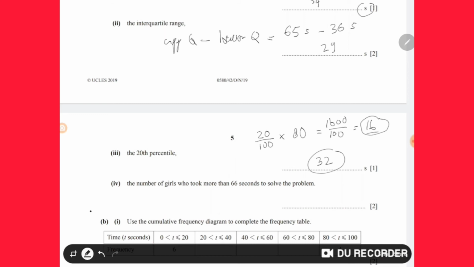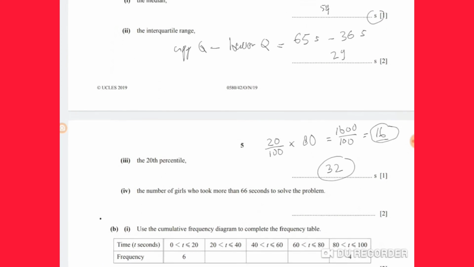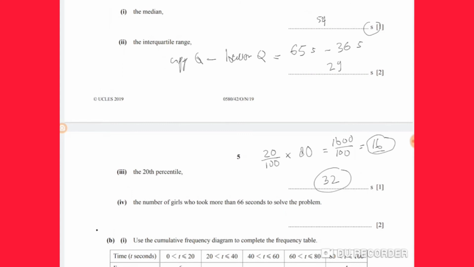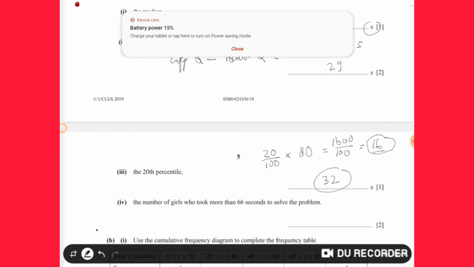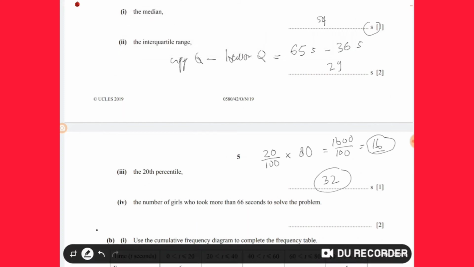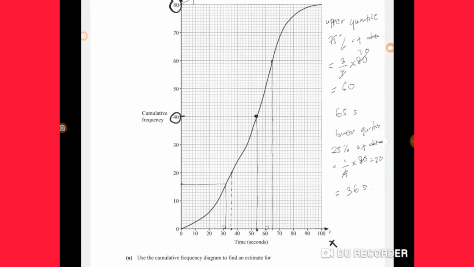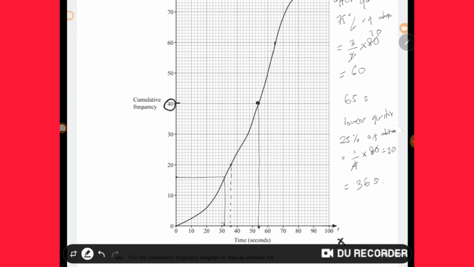And then the last is the number of girls who took more than 66 seconds to solve the problem. So more than 66 seconds. You start from 66, because you want to find out how many girls took more than 66 seconds. So from the diagram, what is 66 seconds? 62, 64, 66 will be here.